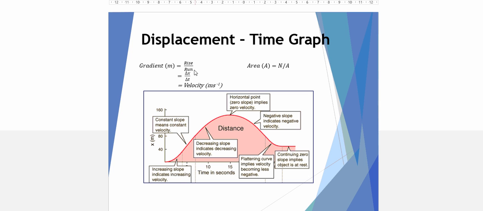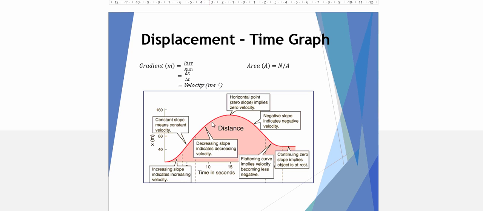So rise over run represents change in displacement over change in time, which is by definition velocity, measured in meters per second.